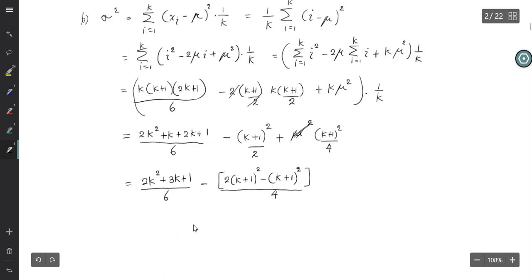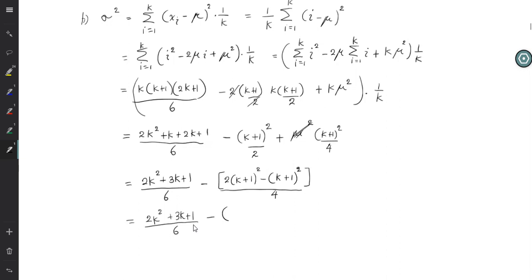So that is the common denominator. So times 2 for this expression. What do we get at the end? (2k square plus 3k plus 1) divided by 6 minus. So 1 (k plus 1) square term will go away because 2 times 1. And (k plus 1) square is simply (k square plus 2k plus 1) over 4.